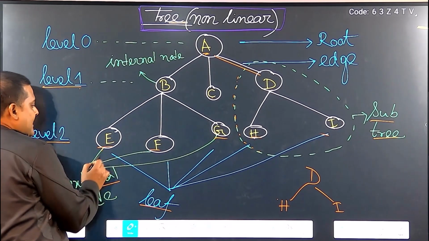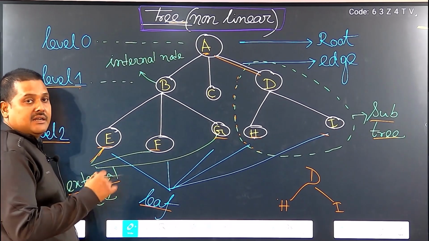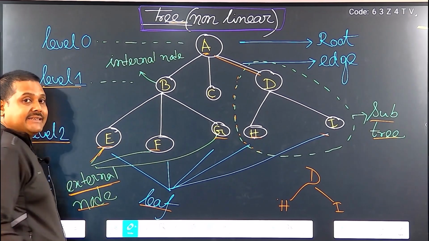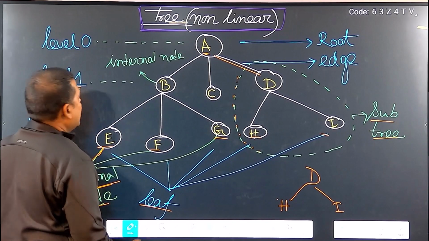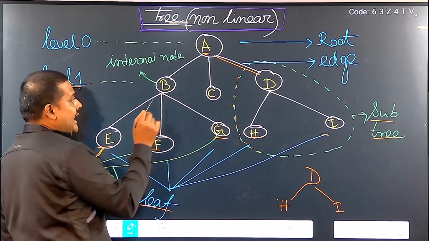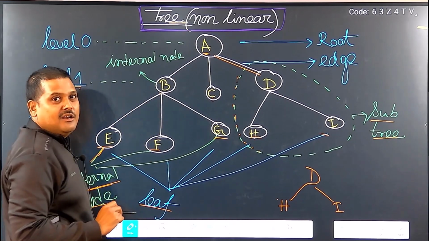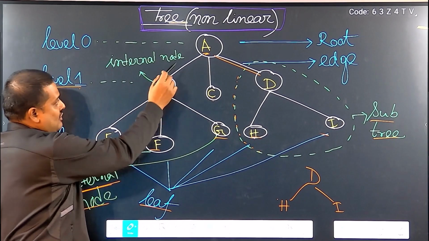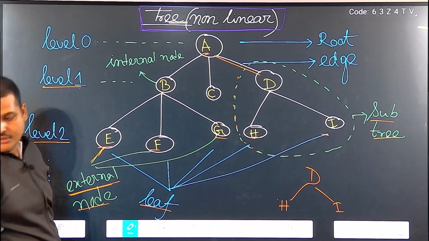As they are the end, there is nothing after them, they are also called external nodes. Here B, A, D are called internal nodes.